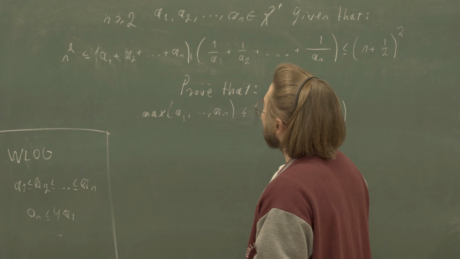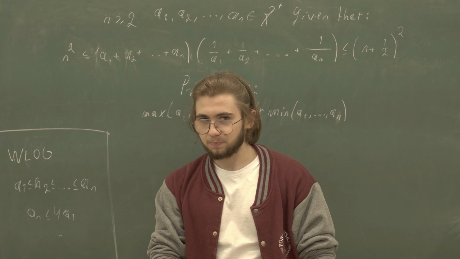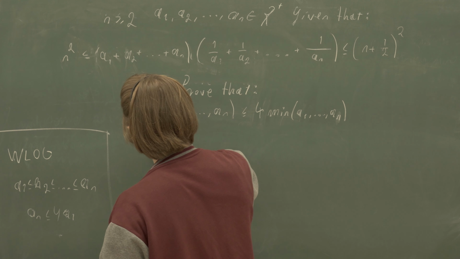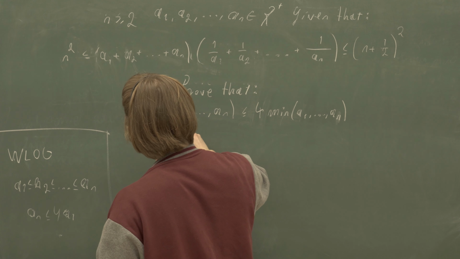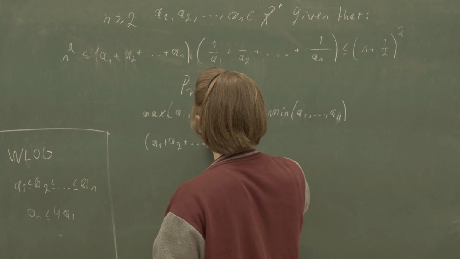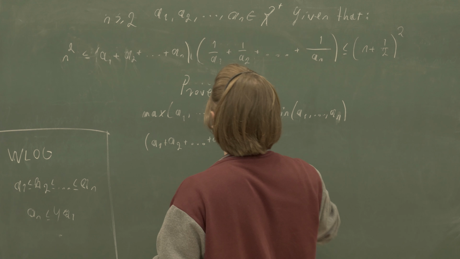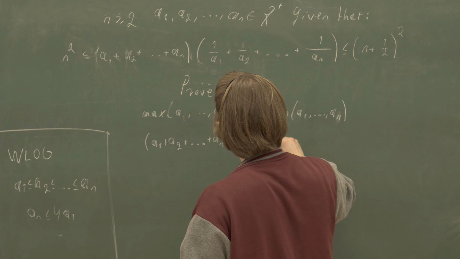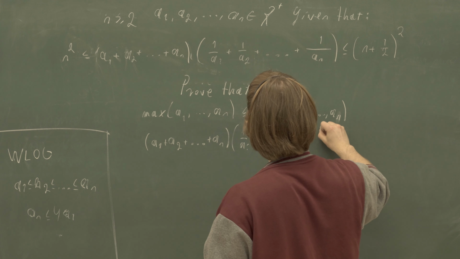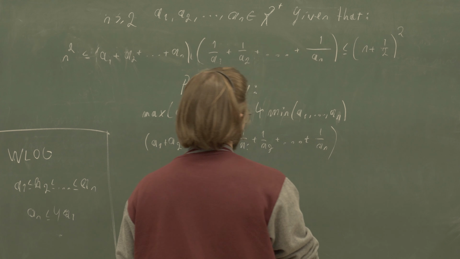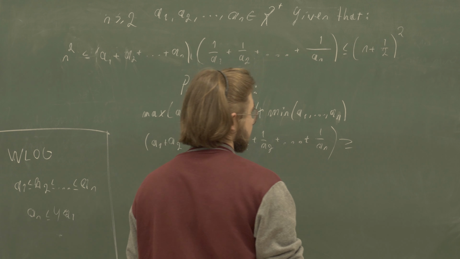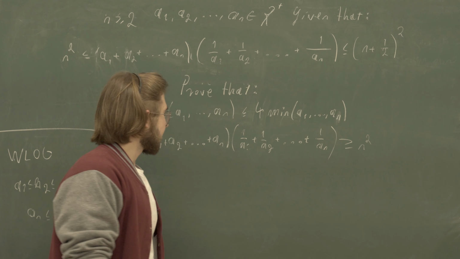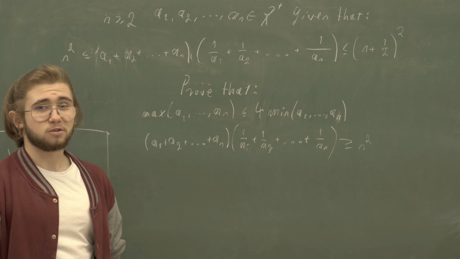So I would like to actually introduce a nice trick here. Instead of multiplying sums that look something like this, so a1, and I'm adding a2, and then I'm just adding stuff up to an, and then I'm going to multiply this by 1 over a1, then 1 over a2, up to 1 over an, because the only lower bound I can estimate for this one is just n squared, I would like to go on and swap a sub n and a sub 1.